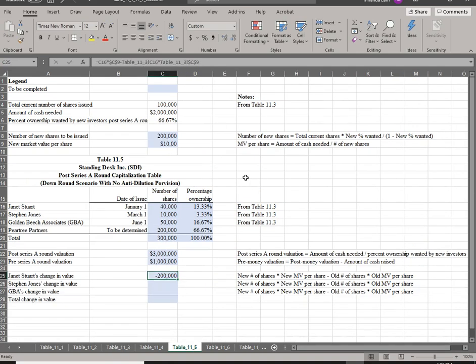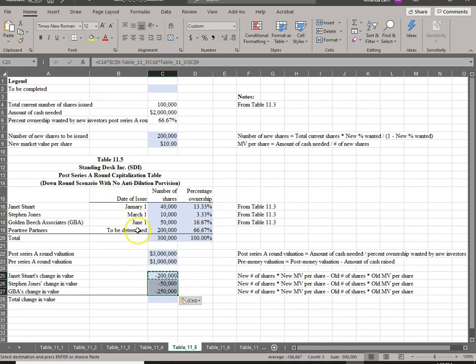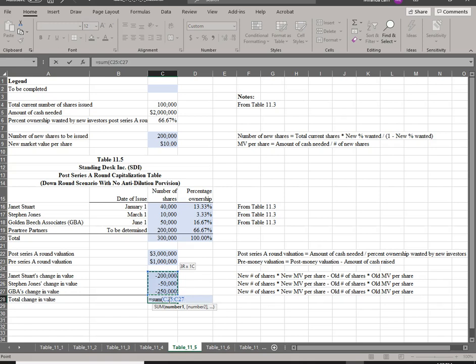So notice that is a negative 200,000. They lost money, and not surprisingly, because that is a down round. And in this case, they all lose money. And altogether, the company actually went down $500,000 in value. So this is what happens when you experience a down round and there is no anti-dilution provision.